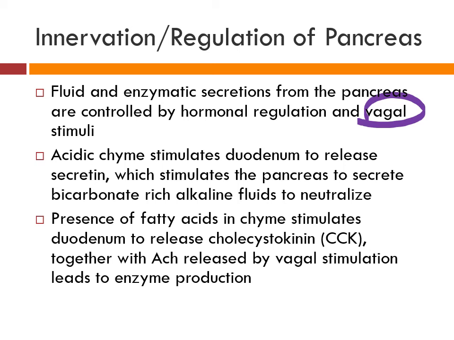So when the chyme is acidic and it enters the duodenum, it is stimulated to release secretin, and the secretin stimulates the pancreas to secrete its bicarbonate and fluids to help neutralize that acidic chyme. And the presence of fatty acids in the chyme stimulates the duodenum to release cholecystokinin, and cholecystokinin and acetylcholine released by the vagal nerve leads to the production of enzymes.